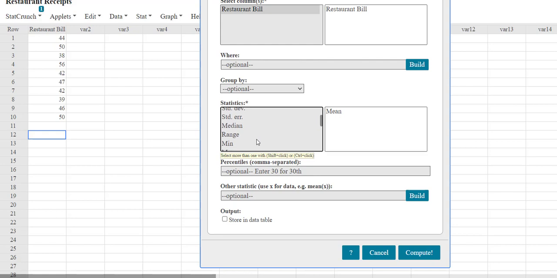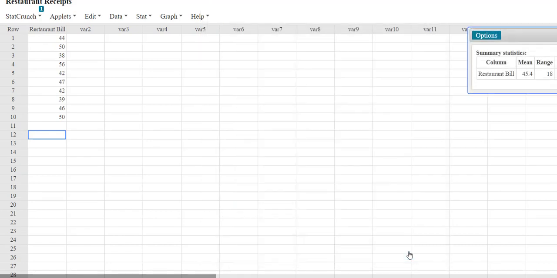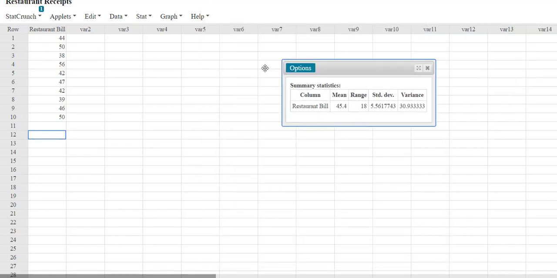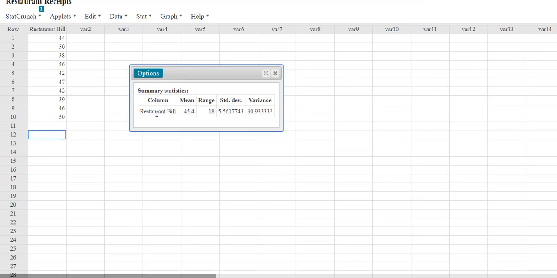In the order in which I pick them, that's how they're going to show. So range, but I hold down the control key and then click. Then I want the standard deviation and the variance. So those are the four. The order in which they show here is how they're going to show in your summary stats. So click compute.